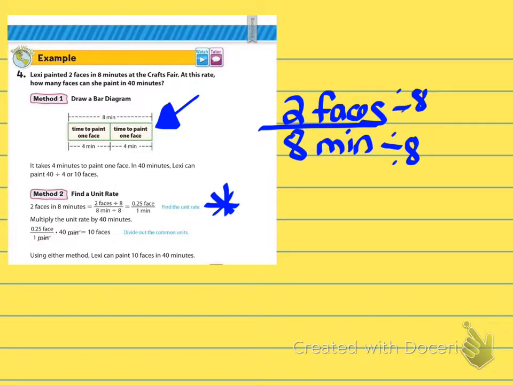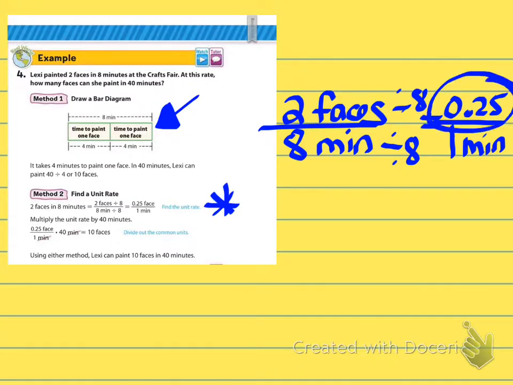Remember, it's 2 faces, 8 minutes. We're breaking it up into per 1 minute. So I need to have that denominator of 1 minute. Well, when you divide this, 2 divided by 8, you're going to get 0.25. And I know basically it's just saying that she's painting 1/4 of a face. Well, this is important that we do it this way. So we know that in 1 minute, she could only paint 1/4 of one person's face.